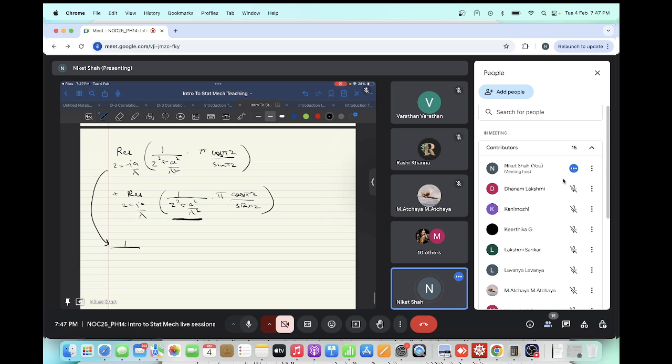So 1 upon z minus I a by lambda is going to stay because I'm evaluating the residue. That's a very standard thing to do. And I'll substitute z as minus I a by lambda. So this becomes minus 2 I a by lambda multiplied by pi, which I'm taking here, cos pi z sin pi z at minus I a by lambda.